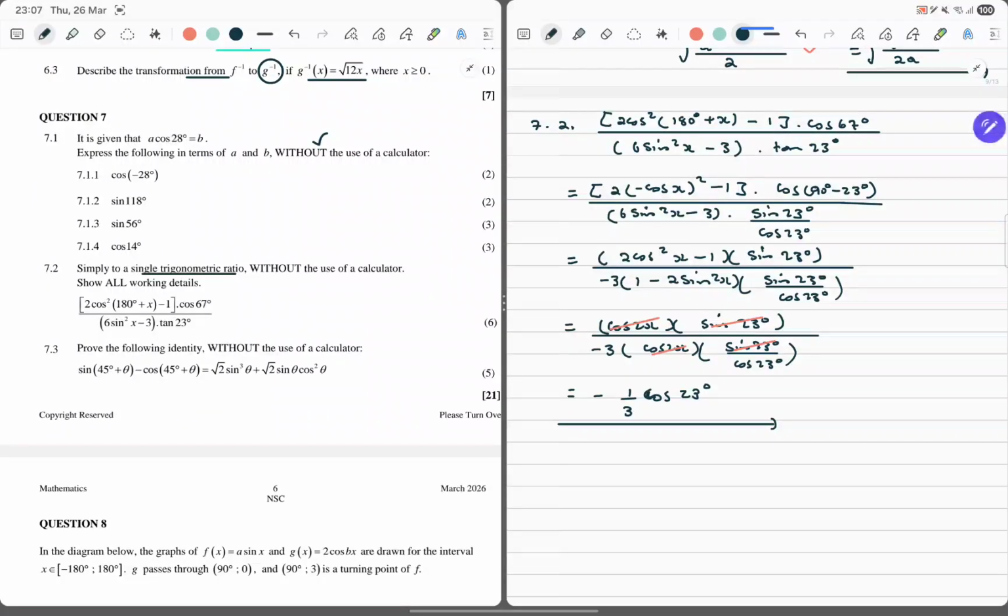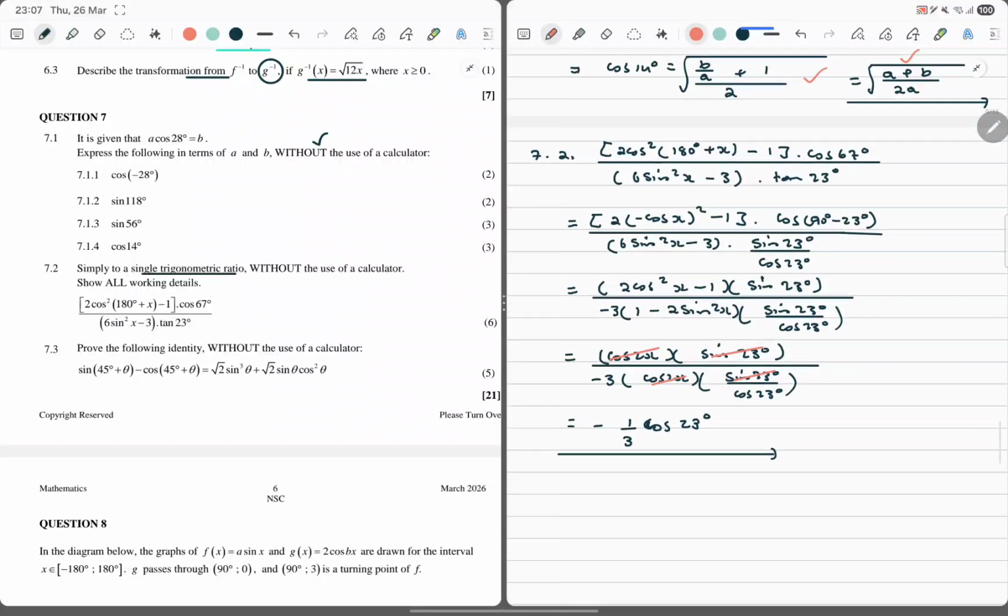Now, folks, sometimes you may wonder, is this correct or is it not? Sometimes I just choose a value for x, and then put that on the calculator and see if I'm going to get the same answer as when I evaluate the final answer. But of course, this can be a bumpy road.